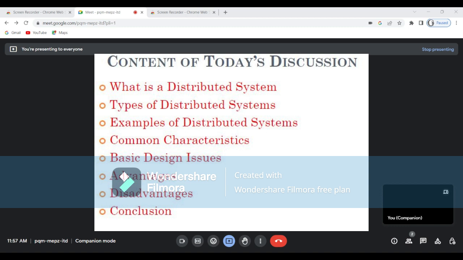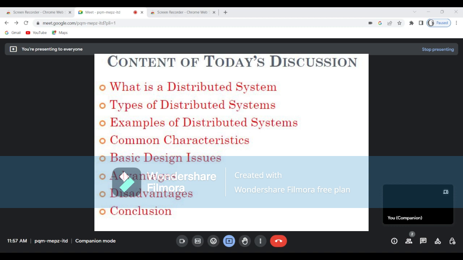So, first of all, what is a distributed system? We know a network of computers. A network is a group of systems or nodes connected by LAN or wire connections. The main purpose of a network is message passing or communication, an effective means of transferring data from one node to another.